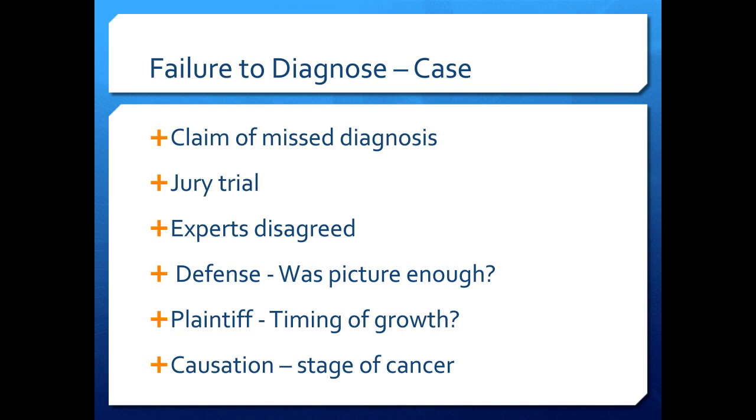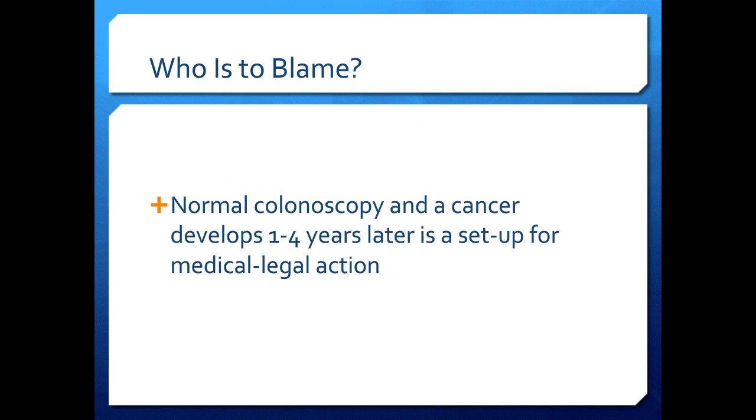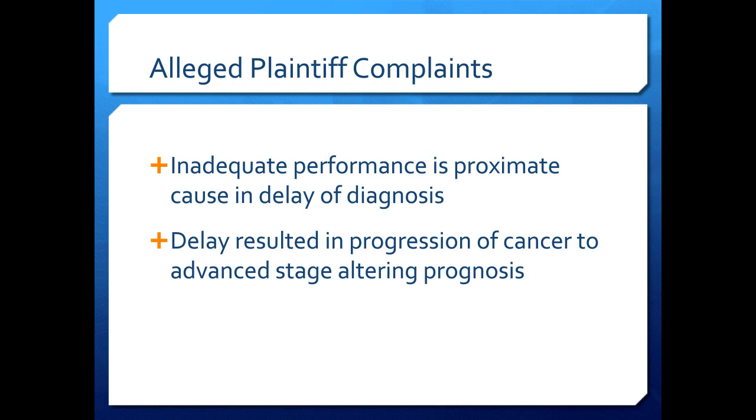So the question is, and this happens a lot, who is to blame in this case? You have a normal colonoscopy, and a cancer develops 1 to 4 years later. You know that's going to be a setup for a medical legal action. Again, what we talked about, the plaintiff claims the inadequate performance was the proximate cause in the delay of the diagnosis, and that delay resulted in progression to cancer and to an advanced stage.